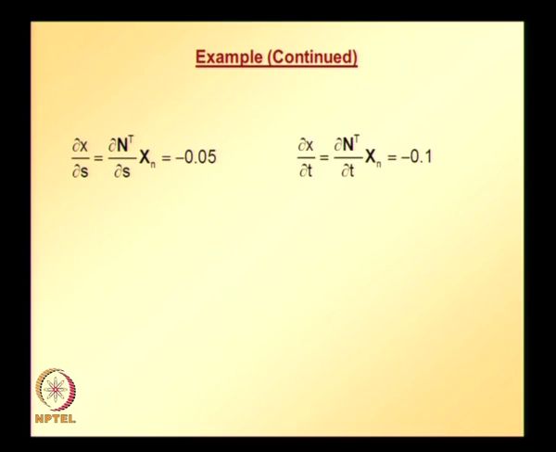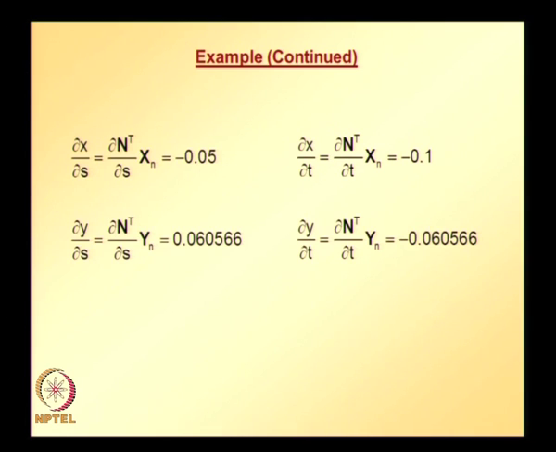Similarly, the other quantities, partial derivative of x with respect to T, partial derivative of y with respect to S, and partial derivative of y with respect to T can be calculated. Once we have all these quantities, we can easily calculate the determinant of the Jacobian, and once we have the determinant of the Jacobian, we can easily calculate the B matrix, the Bx vector.